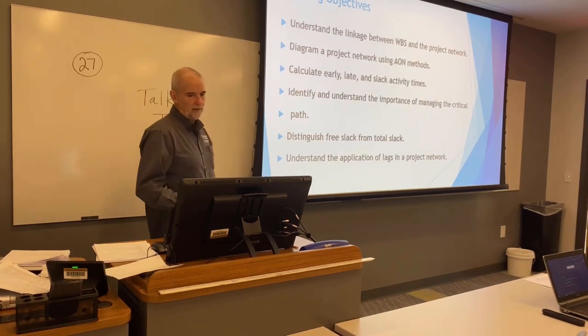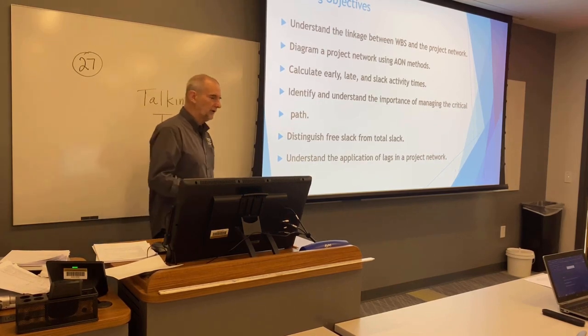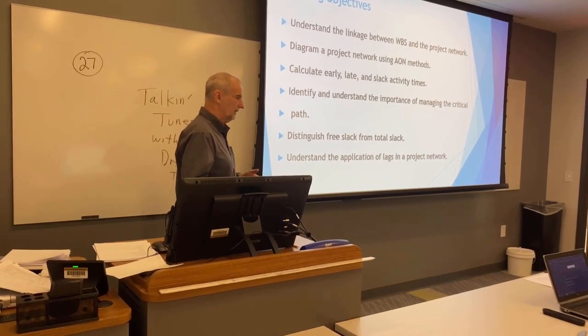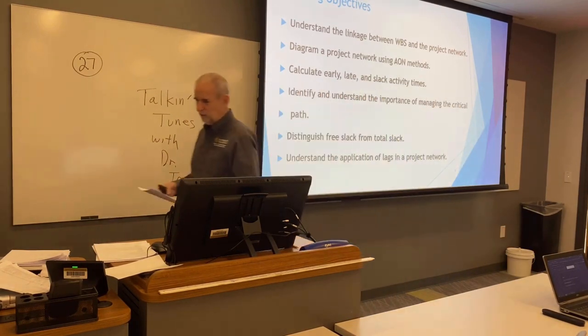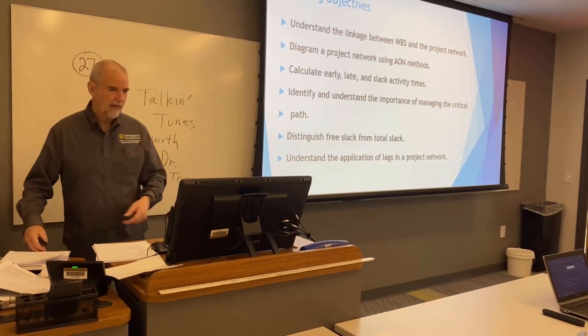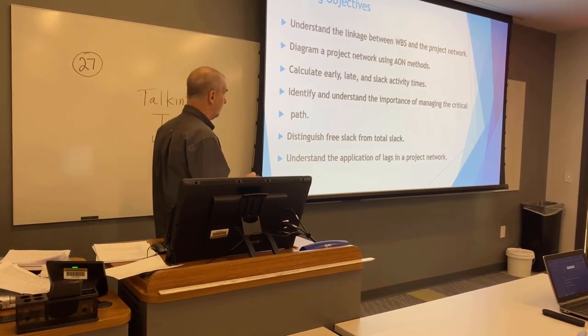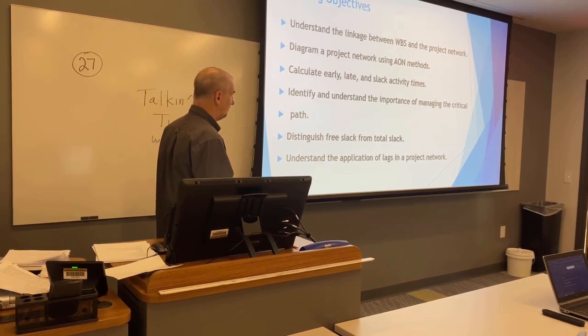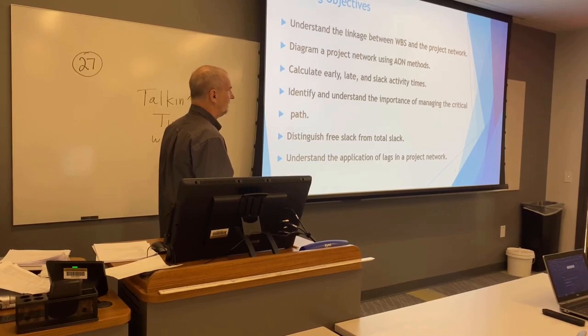So here are our objectives. The first thing we're going to do is make sure you understand the connection between the work breakdown structure and the project network. Then we're going to actually do a network and calculate these different times. We're going to identify and see how we can use the critical path.